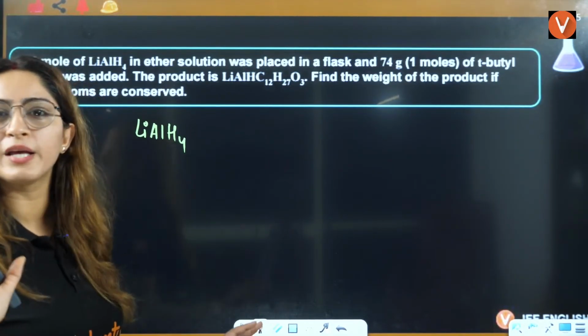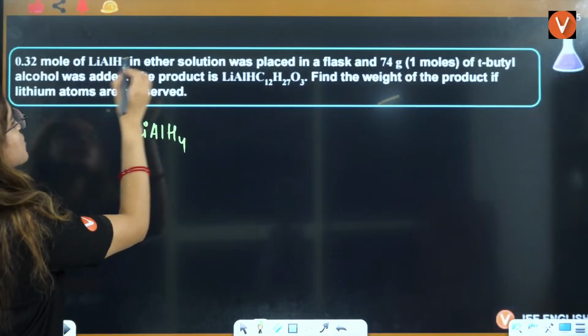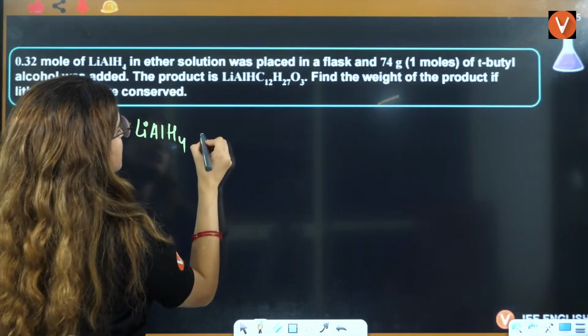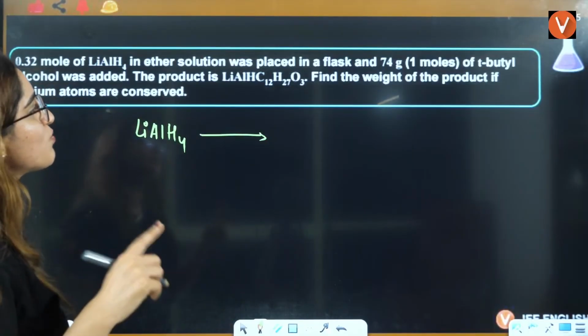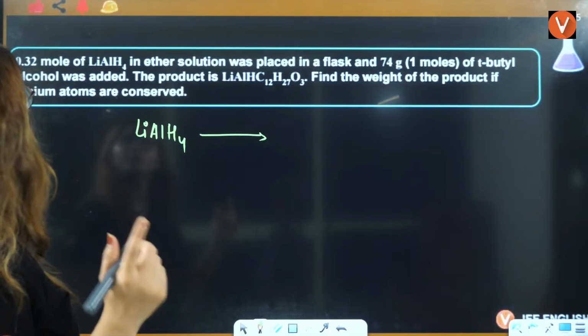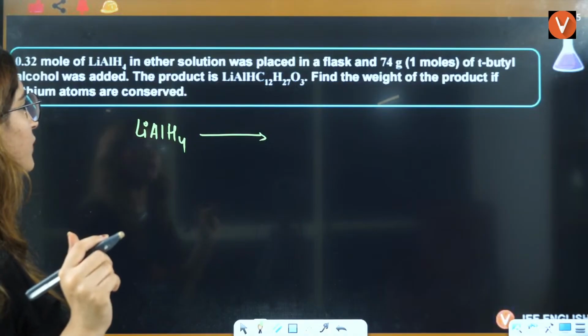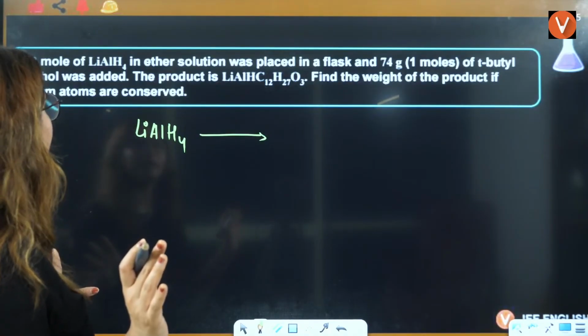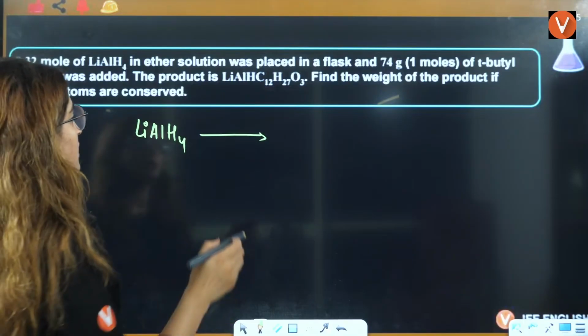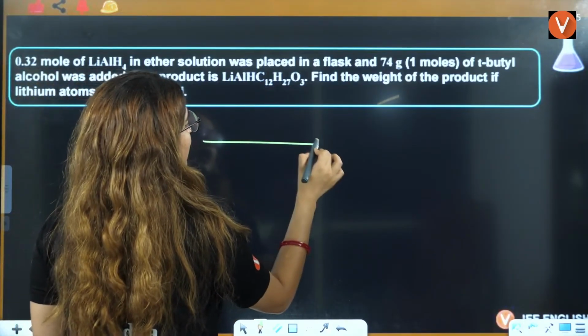Some hint will be given to you, right? So this much LiAlH4 in ether solution was placed in a flask, and tert-butyl alcohol was added. Okay, 1 mole of tert-butyl alcohol was added. The product is this. Here you have tert-butyl alcohol.